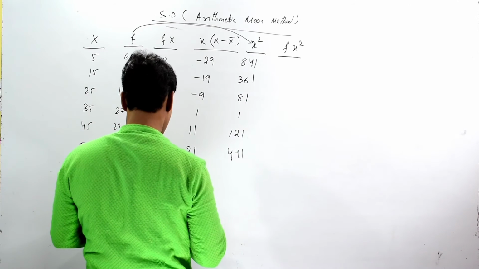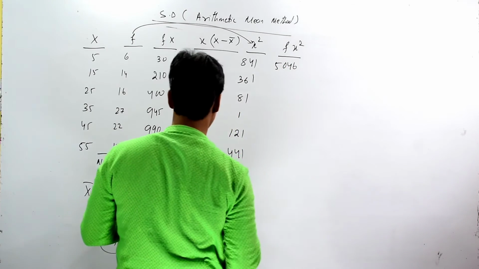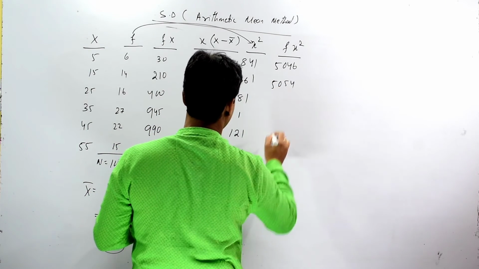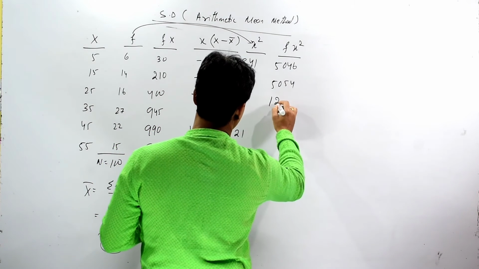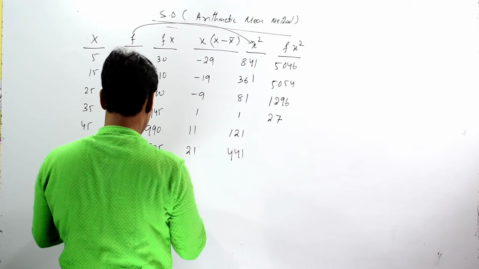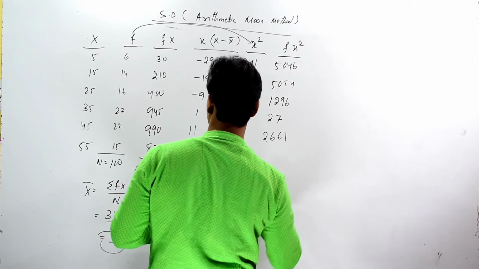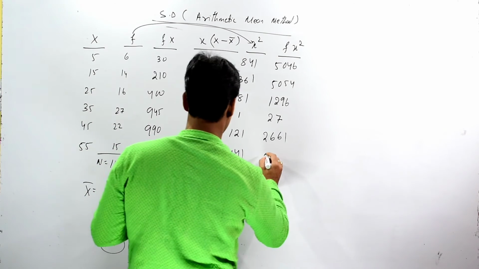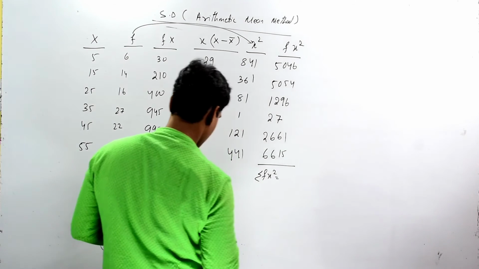So 6 into 841 equals 5046, then 14 into 361 equals 5054, 81 into 16 equals 1296, 27 into 1, that is 27, 22 into 121 equals 2662, and 15 into 441 equals 6615.